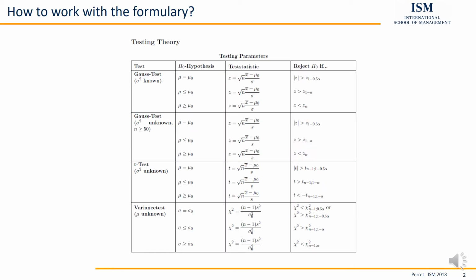In this part we're going to talk about the different versions of comparing means, so on how to test for specific parameters. Well, I said comparing means because the first three parts are the more important parts.